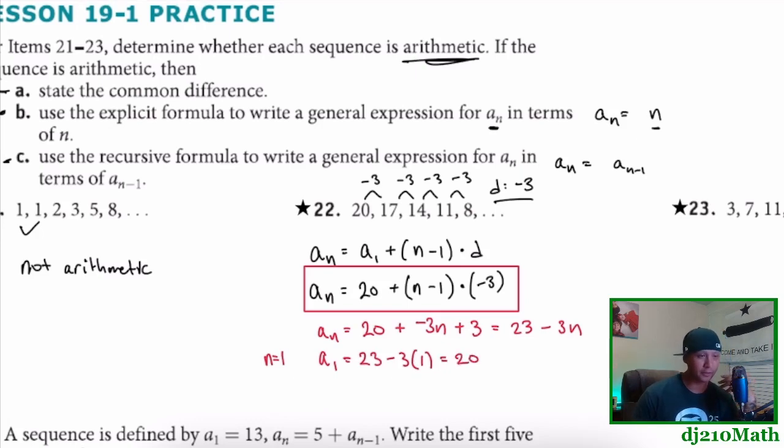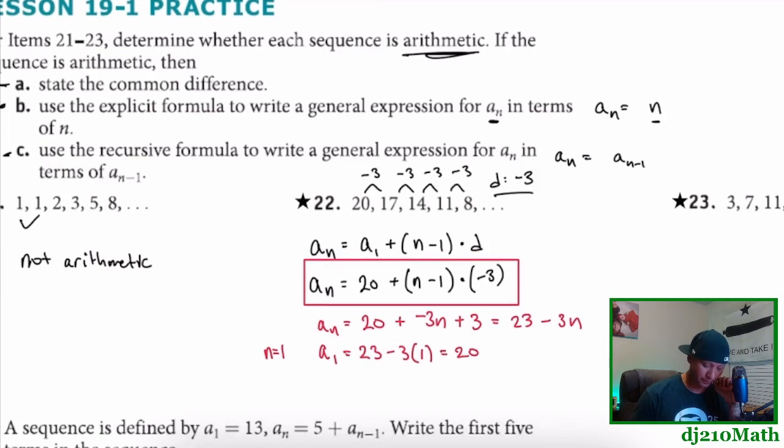And if you did this for n equals 2, A sub 2, the second term in the sequence, which is 17, you should get 17. 2 times 3 is 6, so 23 minus 6 is 17. And you could keep this going. You could figure out any index, any term based on this formula. All right, so that was part B, in terms of n.